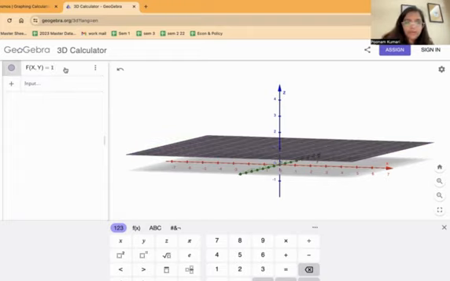Okay, why is that happening? Okay, got it.